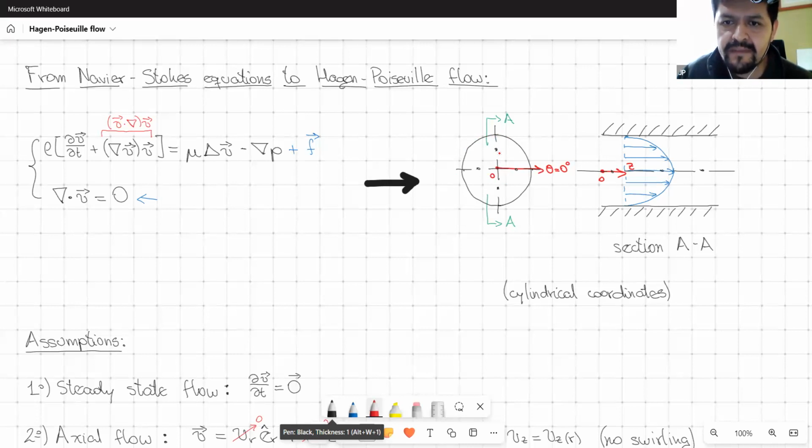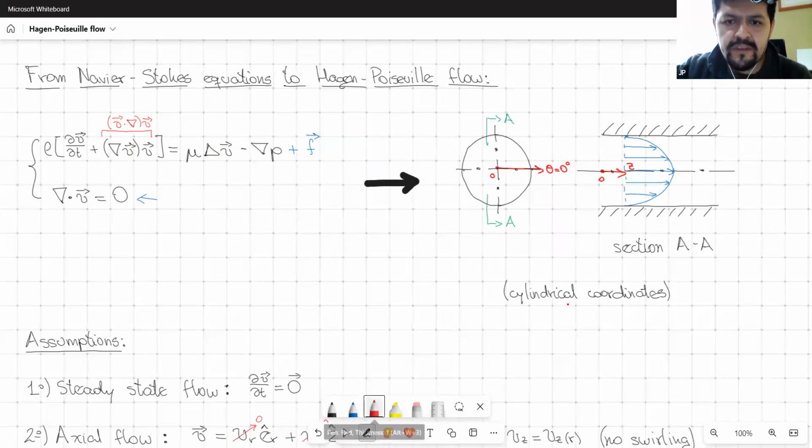If we look at this flow from a section view, you'll see that the flow looks like a parabolic profile, give or take, where the velocity is 0 on the walls of the pipe and gets to a maximum precisely at the center line of the pipe. So to solve this problem, we'll find how the Navier-Stokes equations look in cylindrical coordinates.